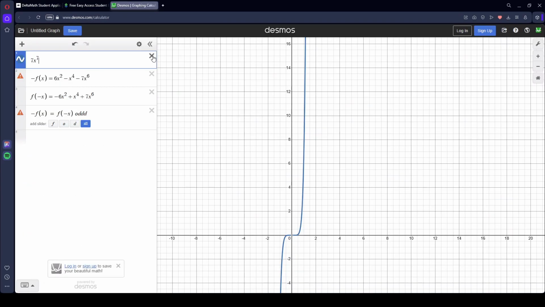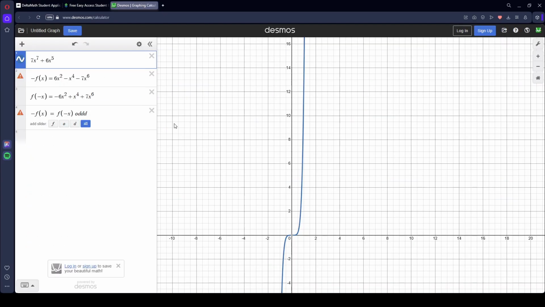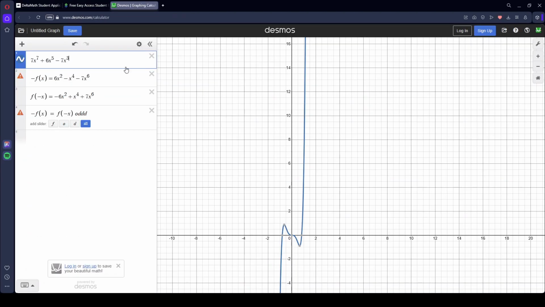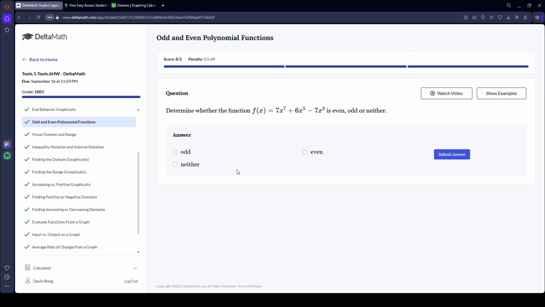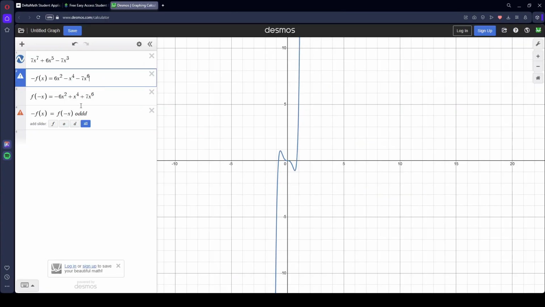Just x to the 5 minus 7x. Oh, okay. Let's see this. This is an odd graph. Odd. This is odd. Yes, odd.